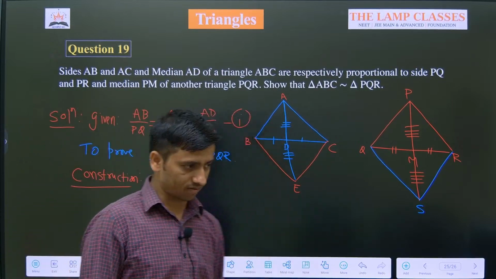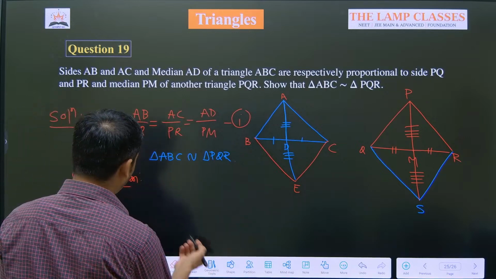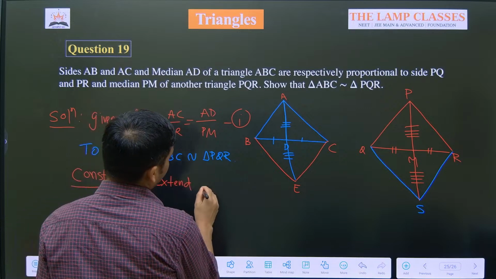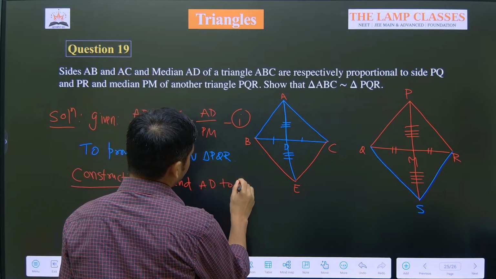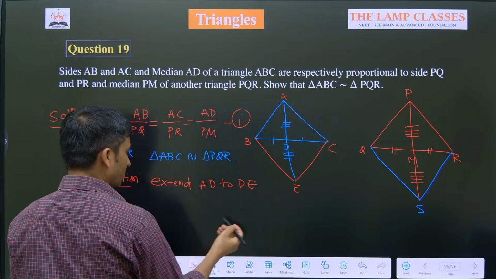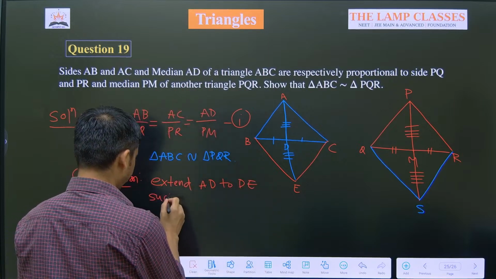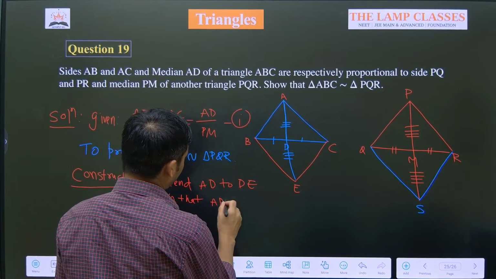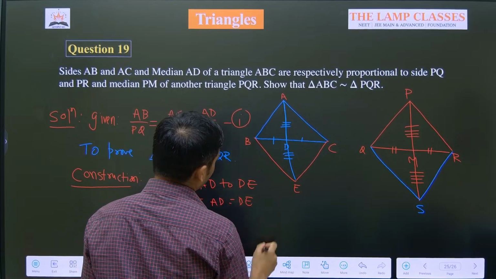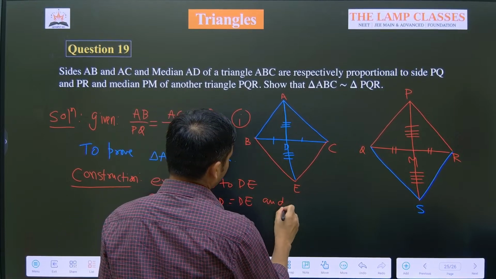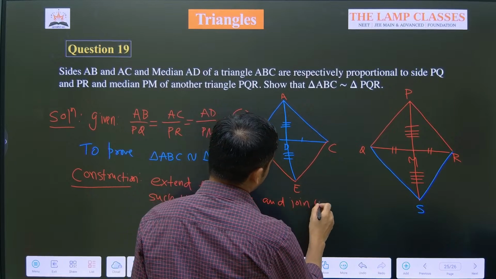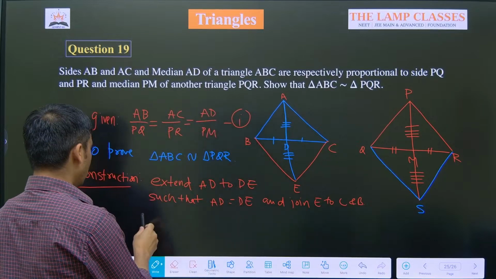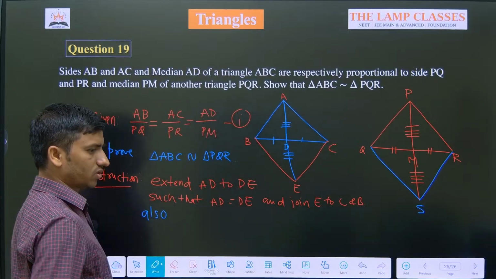Have we understood it? So the construction is actually: extend AD to E such that AD is equal to DE, and join E to C and B. Same thing you have to do for the second triangle also.